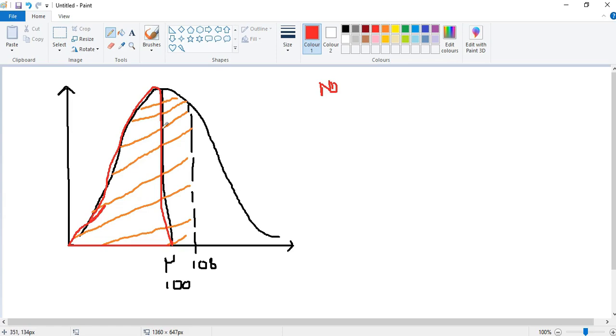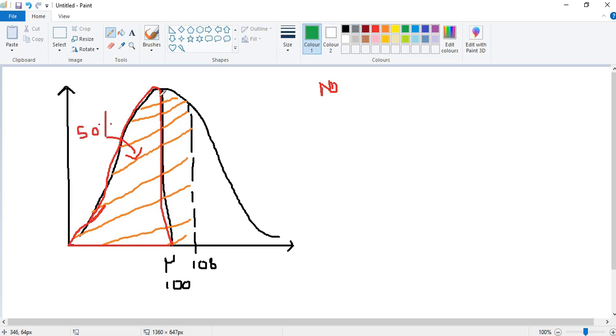That means both sides are equal. Since we are considering all the values on this side, it should be 50%.